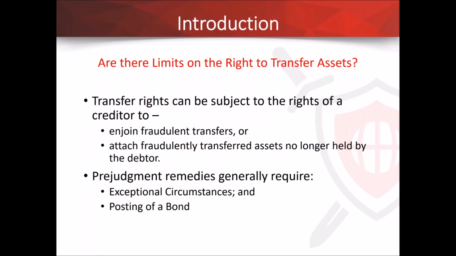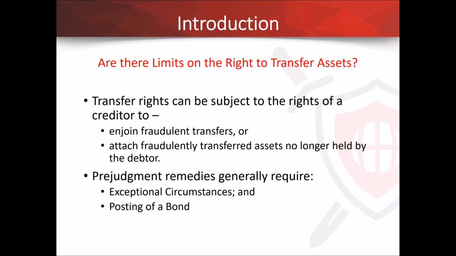So generally, and Gary touched on some of this, to the extent that you are limited in transferring assets, there's usually going to be exceptional circumstances. You have a right to transfer and move your assets and do with them what you will, and courts cannot impede that, subject to certain rights of creditors to enjoin what are fraudulent transfers.